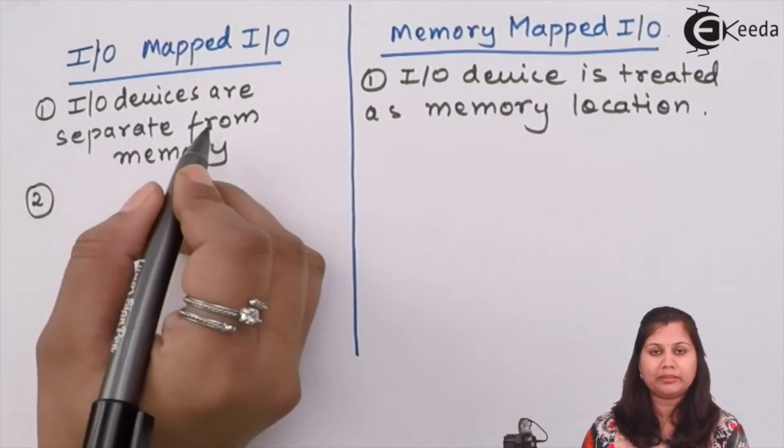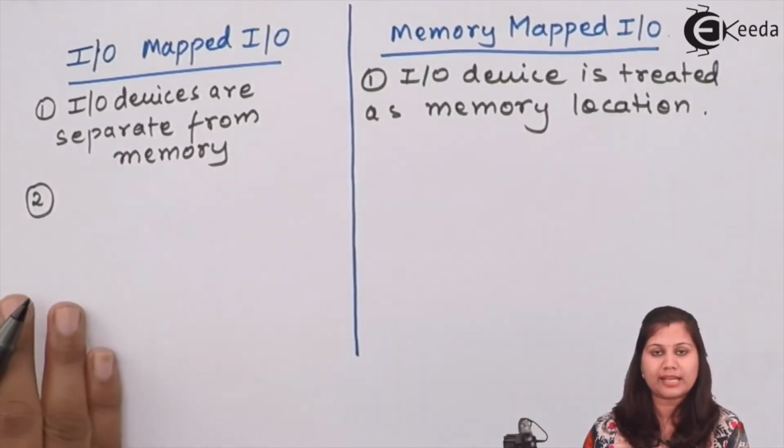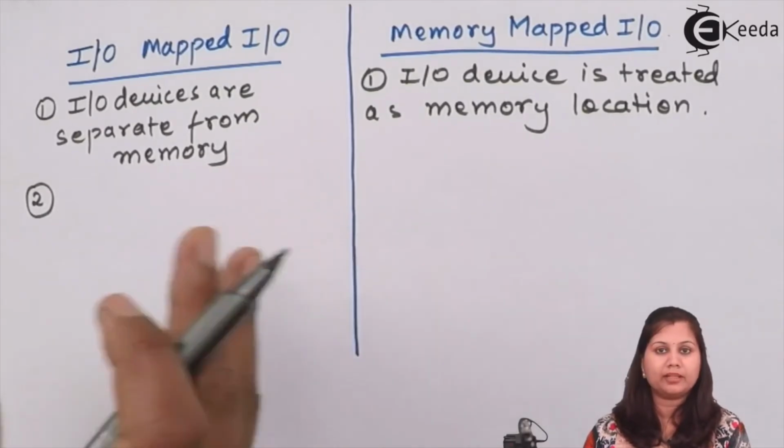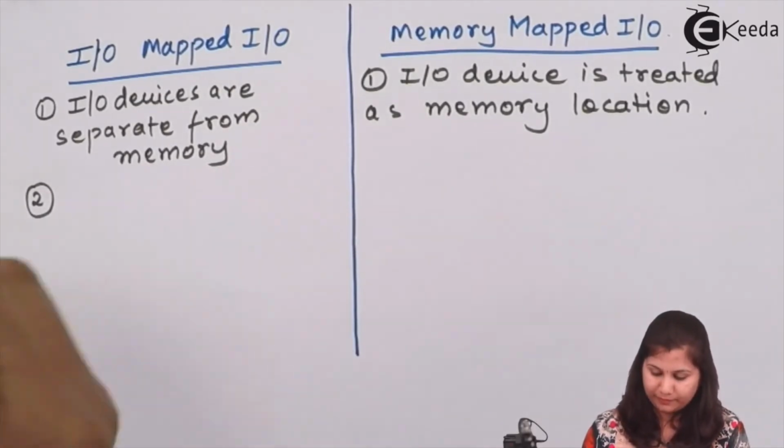In input output mapped interfacing, the in and out instructions can be used, whereas in memory mapped, the memory instructions are used.